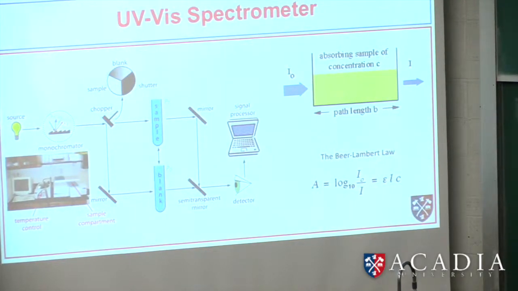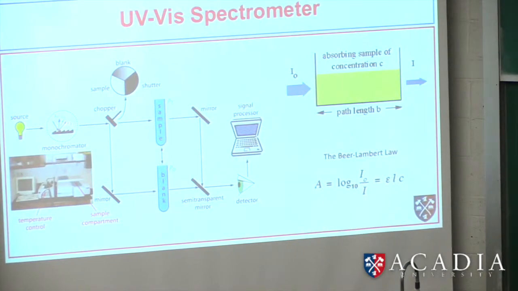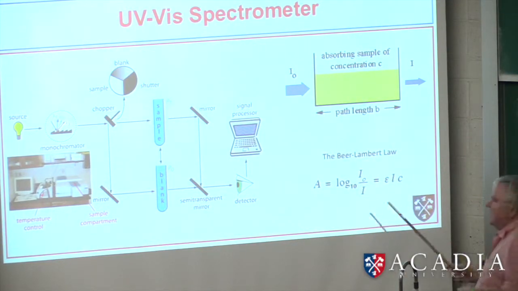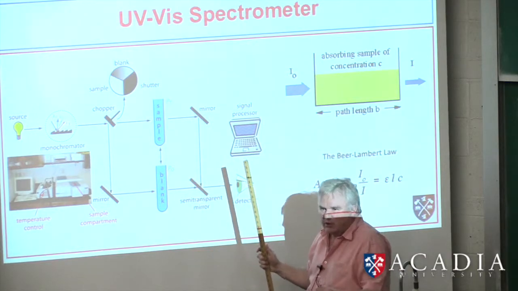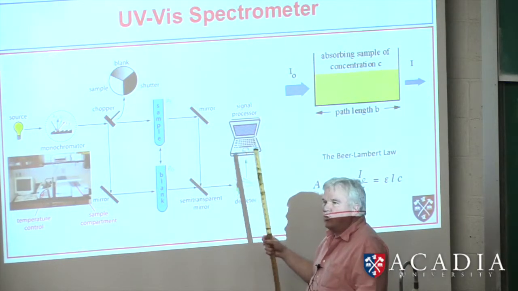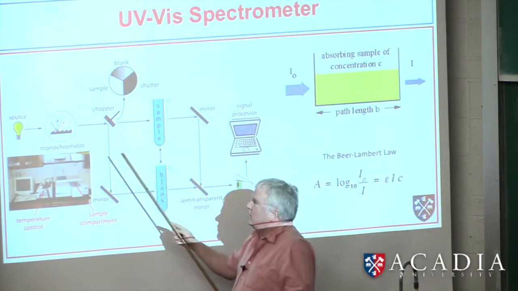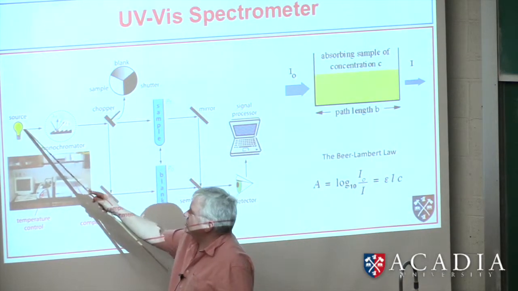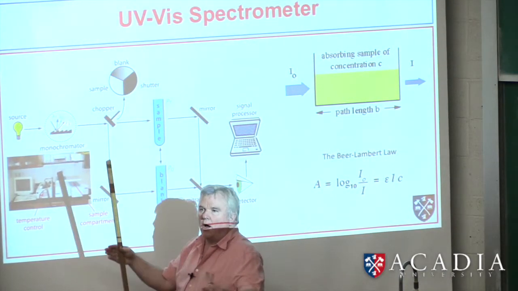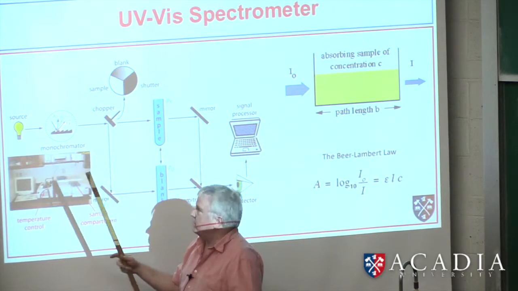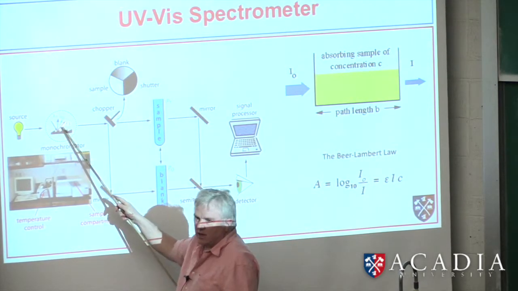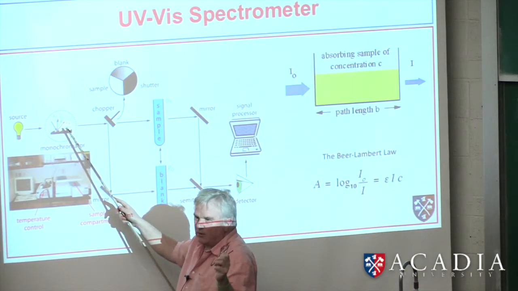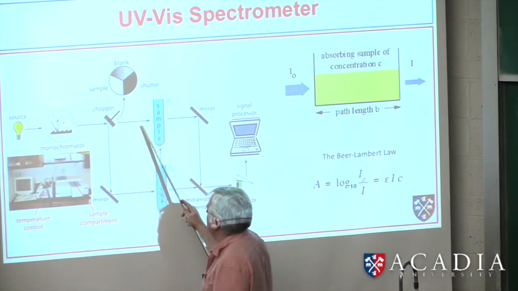That is, we can look at the absorption spectra by putting whatever we're interested in a sample, and we put light through it, and we look at how much light is absorbed at different wavelengths. So we can scan using a monochromator. We have a source that puts out all wavelengths in the UV visible region, and then we select using a monochromator just a very narrow band of that wavelength region and let that through.